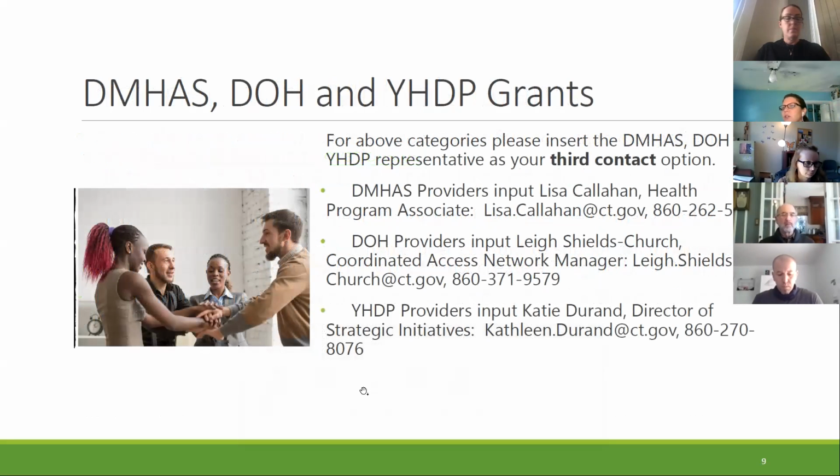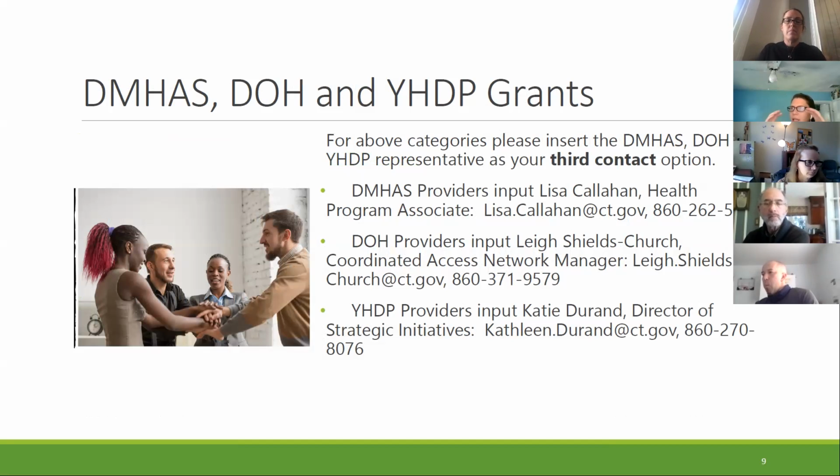So these are the instructions for DMIS, DOH, and YHDP. So obviously there are several grants within these categories. If you're one of those categories, put the representative of whatever's applicable to you, DMIS, DOH, or YHDP, as your third contact.